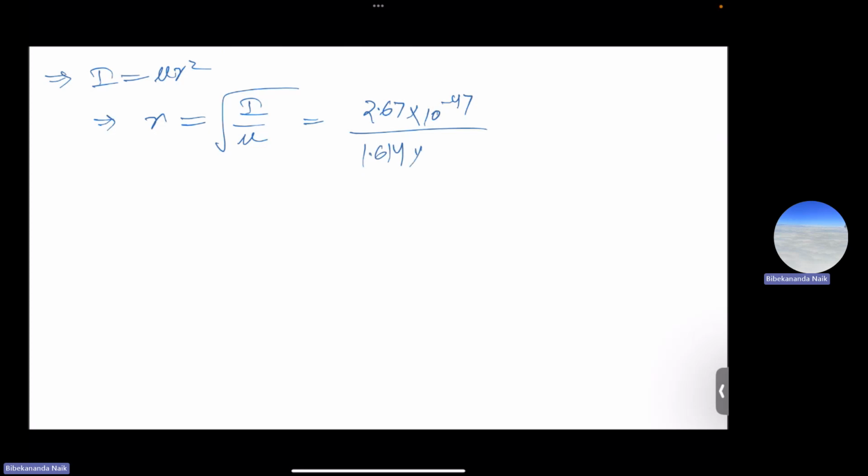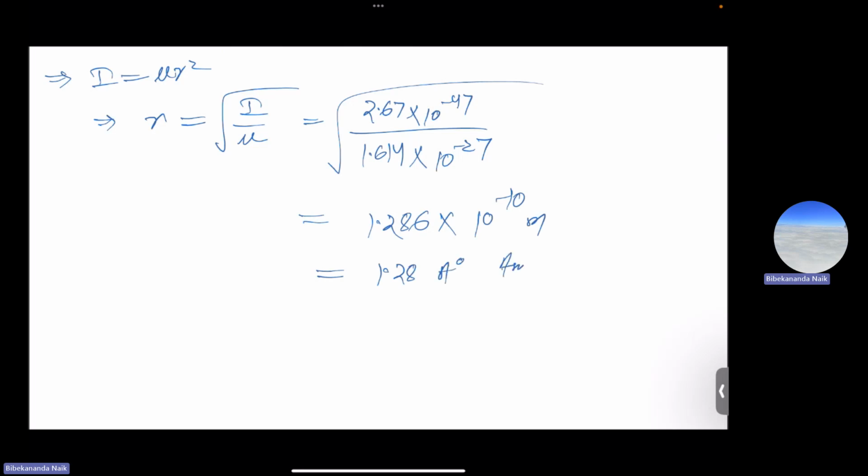Now we know I equals mu r square, which will give r equals root over I by mu, which is root over 2.67 into 10 to the power minus 47 divided by the value of reduced mass, which is 1.614 into 10 to the power minus 27. It will give us 1.28 into 10 to the power minus 10 meter, nothing but 1.28 Angstrom.